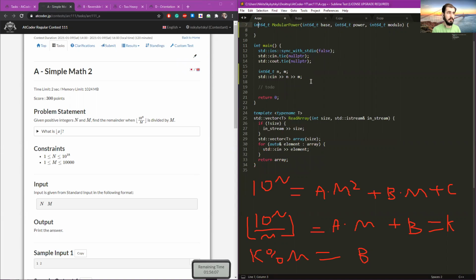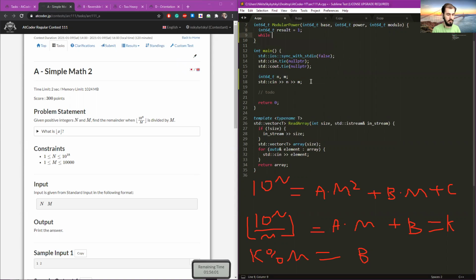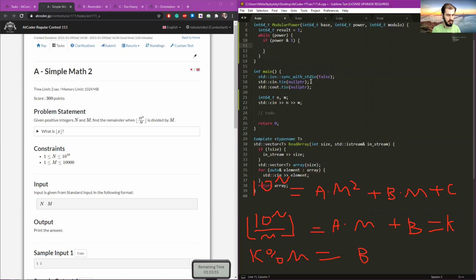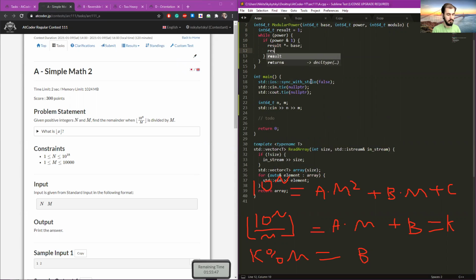Let me see. We have result, initialized to 1. While we have power, if power is odd, then result gets multiplied by base, modded by modulo.